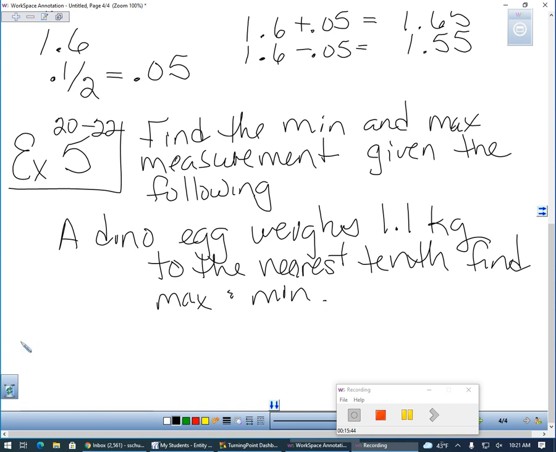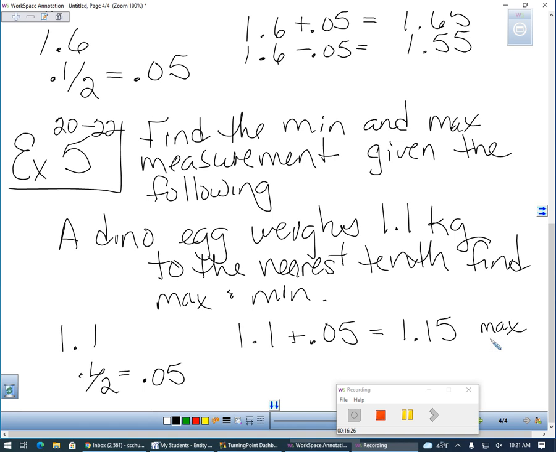All right. So I have 1.1, which means I have a tenth. So I take my tenth, divide by 2, and I get 0.05. What am I going to do with my 0.05? Yes, I have 1.1 plus 0.05. Well, it could be 0.5 or it could be 0.005. Depends what your last digit is. Okay? So in this one, I would have 1.15 as my maximum.